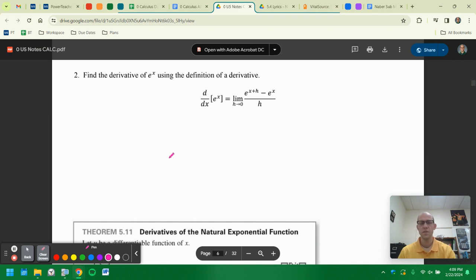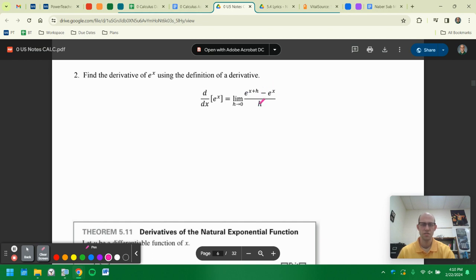So we're going to use that information to find this limit right here. If we look at this limit, this is the definition of a derivative: f of x plus h minus f of x, all over h, as h drops to 0. So f of x plus h is right here, where the x has become x plus h. This is f of x, the original function.